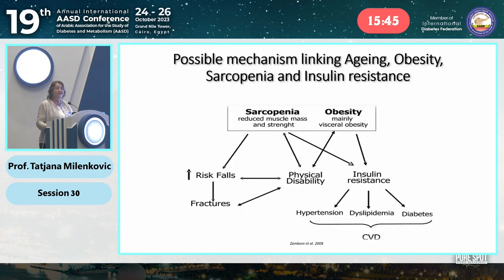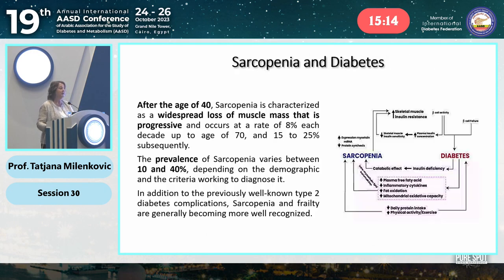This is why it is important: in persons with sarcopenia related to obesity, there will be a relation with insulin resistance and physical disability, which can lead to hypertension, so all cardiometabolic disease, dyslipidemia and diabetes, and finally to increased cardiovascular risk in those persons with sarcopenia.